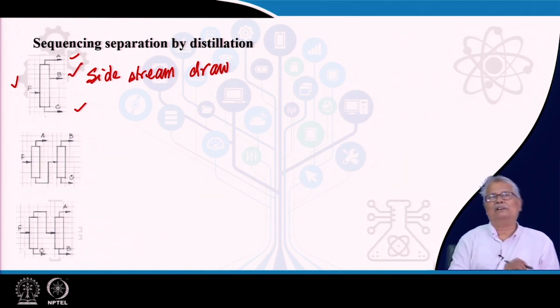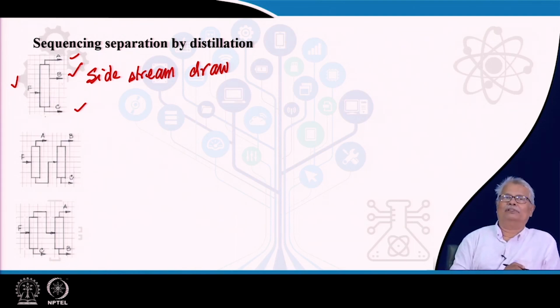Let us look at the advantage of using a single column. Obviously, your involvement of finance is less. That means you require only a minimal amount of investment because you are going to use a single column. But your operation is slightly more complicated, particularly controlling the quality of A, B and C together.